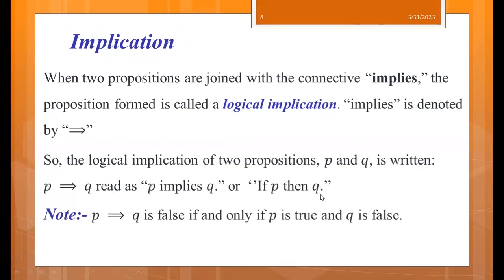So these are the possible ways of reading P implies Q. And when we go to the possible truth values of the logical implication P implies Q, we know that P implies Q is false only when the first statement P is true and the second component, the conclusion Q, is false. Except for this possibility, the truth value of this logical implication will be true.